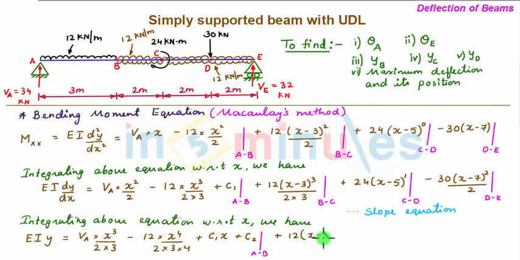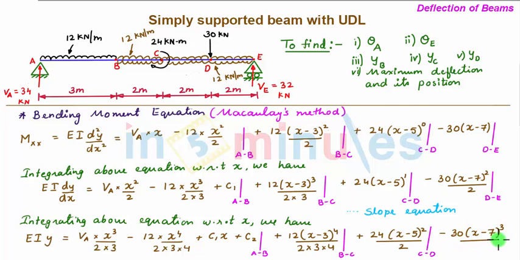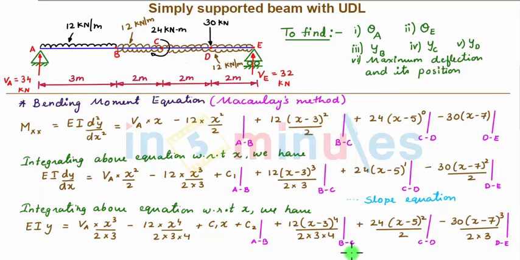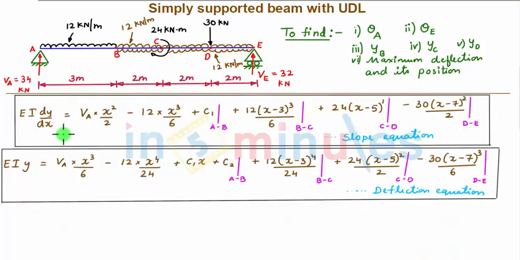Then we have plus 12 into x minus 3 to the power 4 upon 2 into 3 into 4, second partition, plus 24 into x minus 5 square upon 2, third partition, minus 30 into x minus 7 cube upon 2 multiplied by 3, fourth partition. Now since this equation has the y term, this equation is called the deflection equation. So we rewrite the slope and deflection equations over here on the screen.